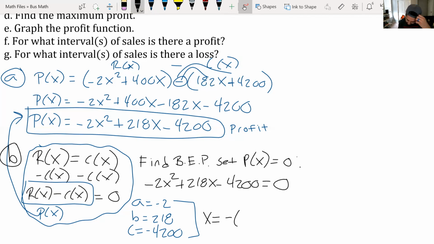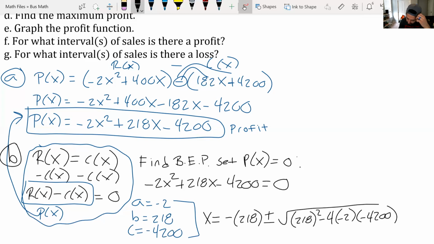X equals negative 218 plus or minus the square root of 218 squared minus 4 times negative 2 times negative 4200, all over 2 times negative 2.